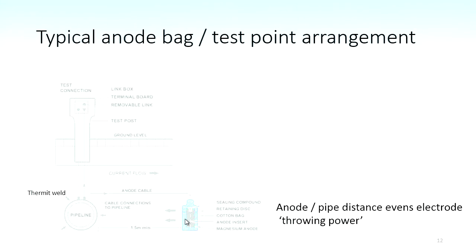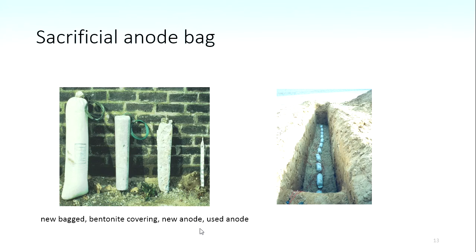One of the advantages of the bag is we've surrounded the anode with some conductive material, sometimes called a depolarizer, but it's aimed at trying to enhance the flow of current to the anode, flow of electrons away from the anode.